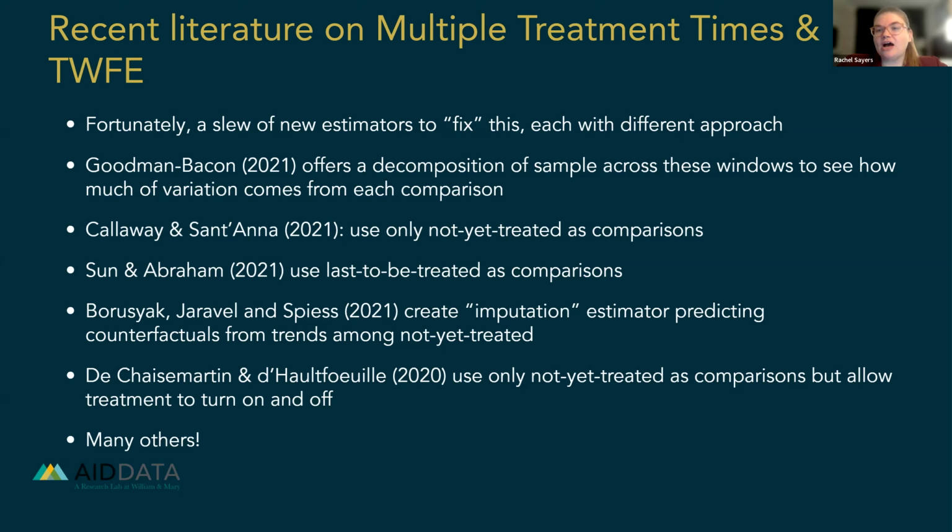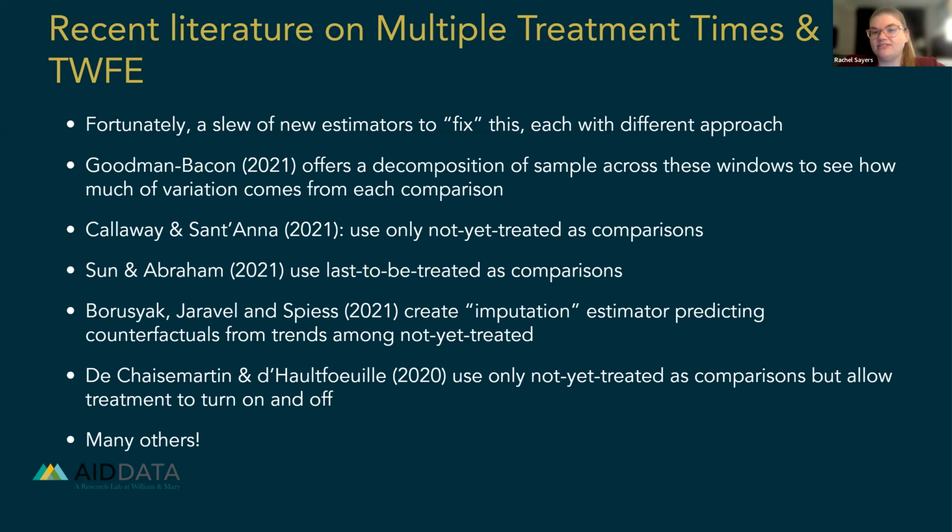Callaway and Sant'Anna use only the not-yet-treated group as comparisons. Sun and Abraham alternatively use the last-to-be-treated as the comparison group. Borusyak, Jaravel, and Spiess create an imputation estimator that attempts to predict the counterfactuals from the trends among the not-yet-treated, and then uses these counterfactuals to estimate the treatment effect.